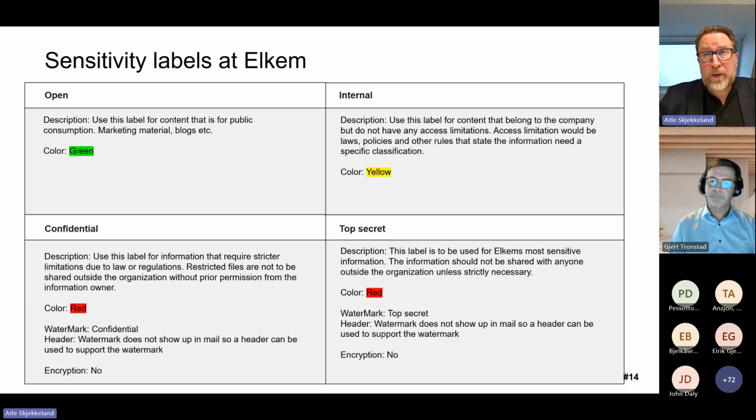The coloring also varies. Many people try to follow the traffic light, but there's often a big discussion, and I love seeing grown-ups arguing about should internal be yellow or green. And sometimes you don't come to a compromise, sometimes it's let's then call it blue instead. So there are pros and cons each way.